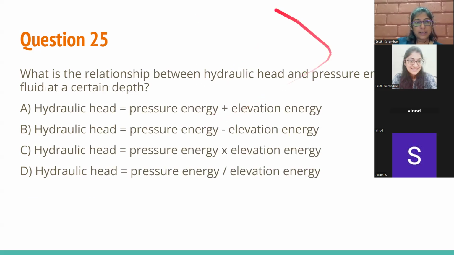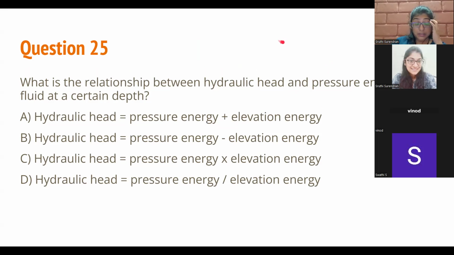Relationship between hydraulic head and pressure energy. Correct. The answer is pressure energy plus elevation energy.